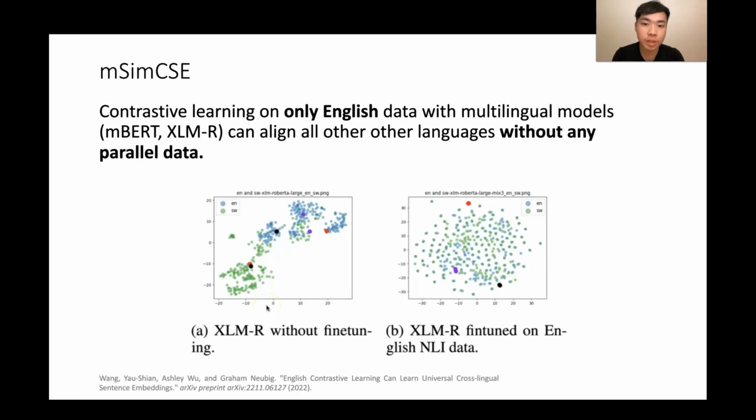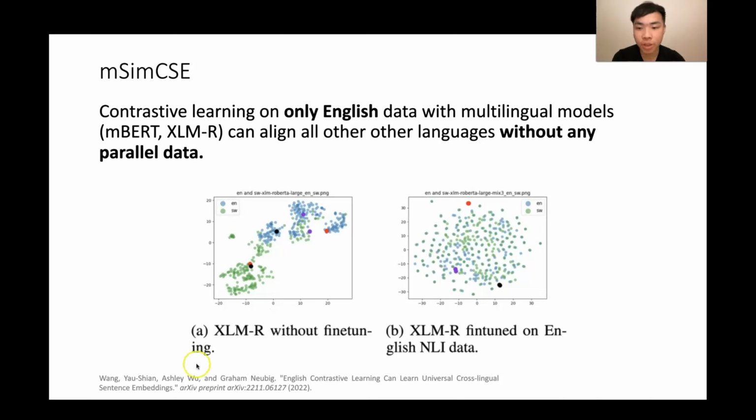After SimCSE, people start to try to extend SimCSE to multilingual settings. So here, in the paper mSimCSE, they have a very surprising finding. They found that if you use a multilingual model like multilingual BERT or XLM-R and fine-tune them with the SimCSE objective with only English data, the model can align all the languages together, even without using any parallel data for other languages.